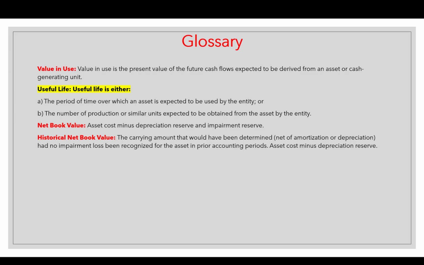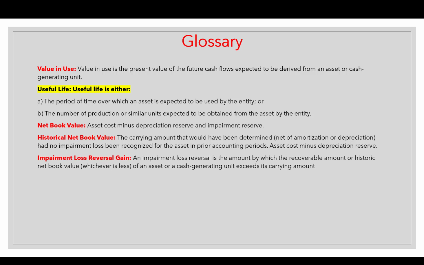That is the asset's cost minus the depreciation reserve, as accumulated depreciation. Impairment loss reversal gain is the amount by which the recoverable amount or historical net book value, whichever is less, of an asset or CGU exceeds its carrying amount.